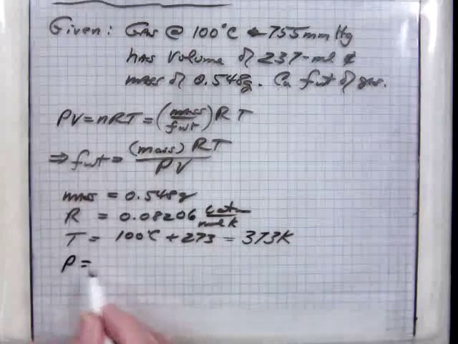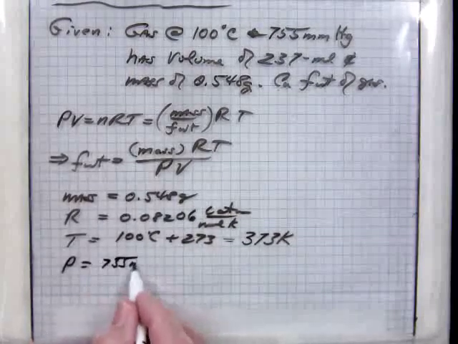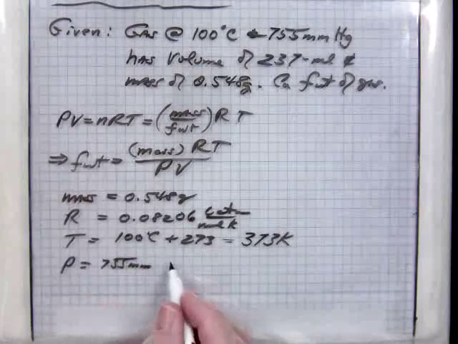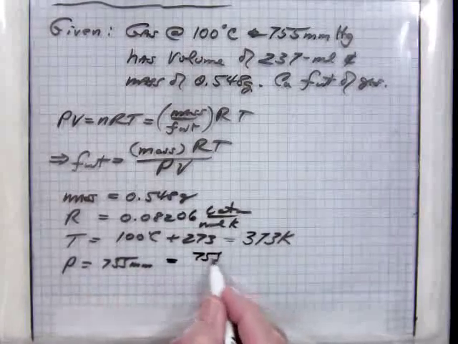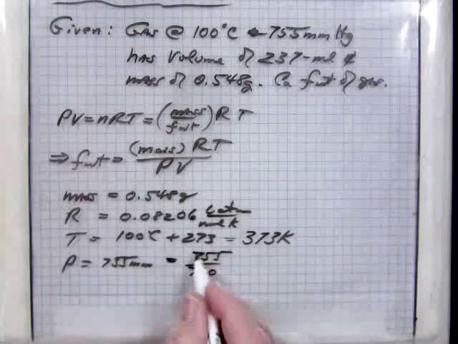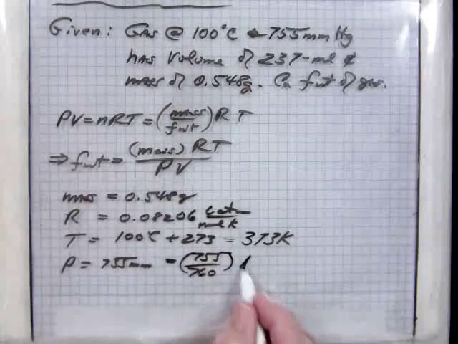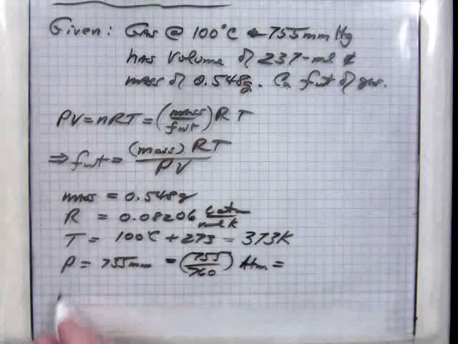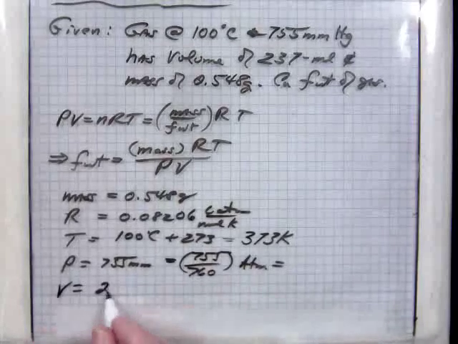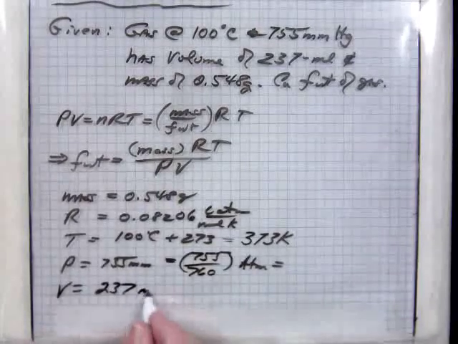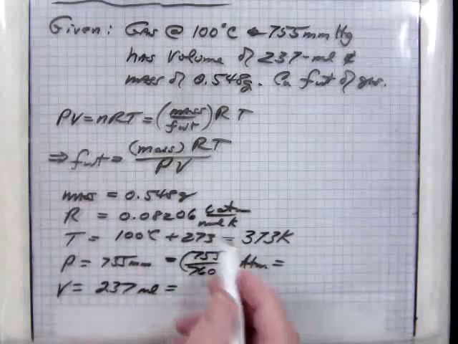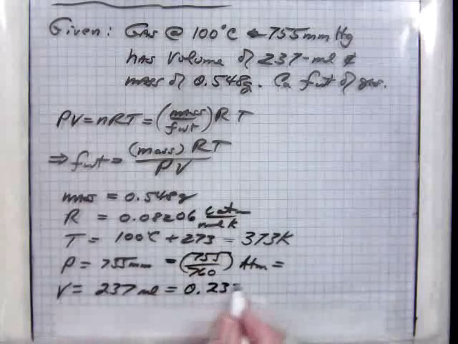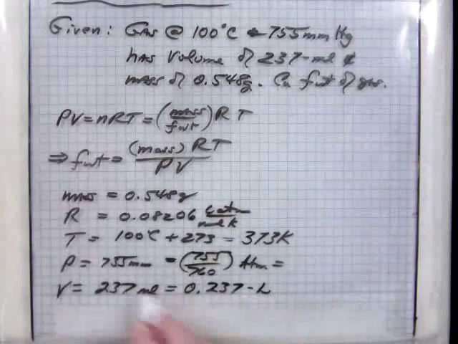Pressure is 755 millimeters. Y'all remember how to convert? Divide by 760. I just get in the habit of doing it by ATM. Volume is 237 milliliters and has to be in liters to conform to the R value units, 0.237 liters.